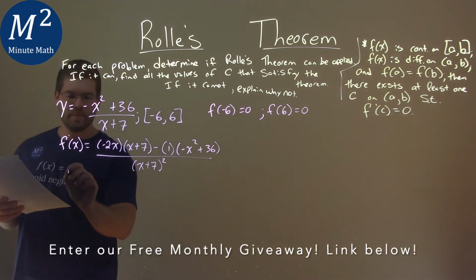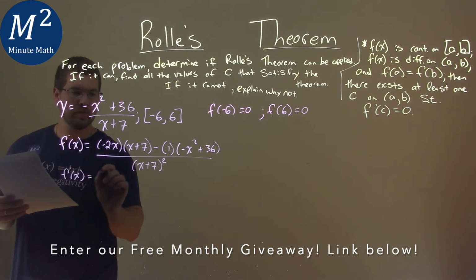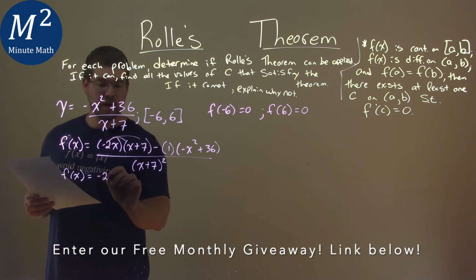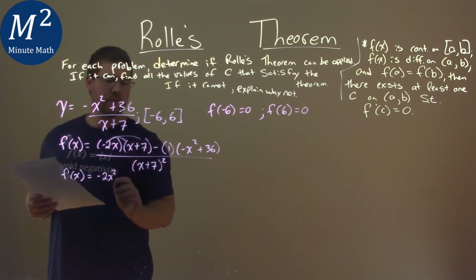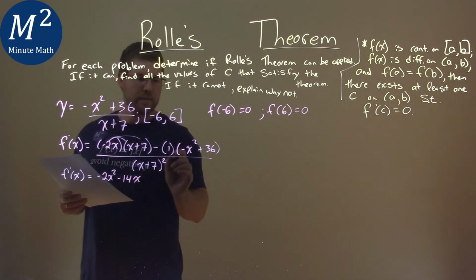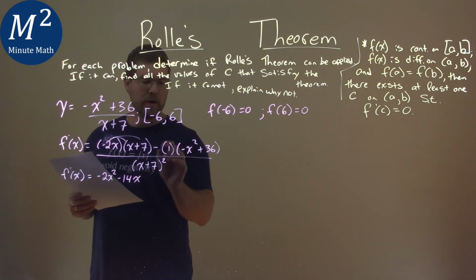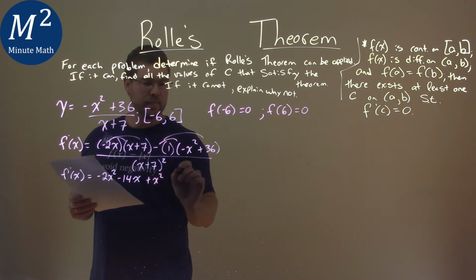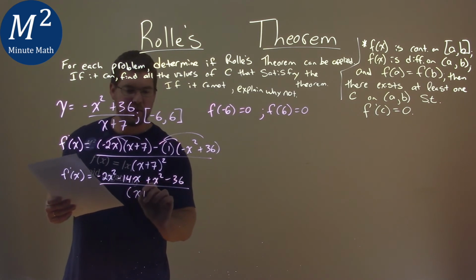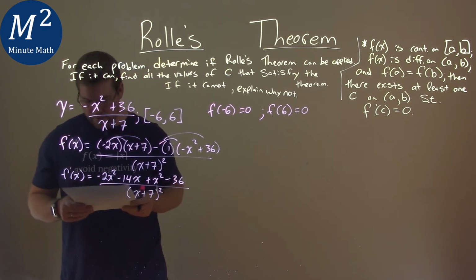Simplify where we can. f prime of x now is equal to, multiply this out, -2x times x is -2x squared, and -2x times 7 is -14x. Subtract that by, well, the one we don't really want to worry about, and let's distribute that minus sign, so we have plus x squared minus 36, all over (x plus 7) all squared.